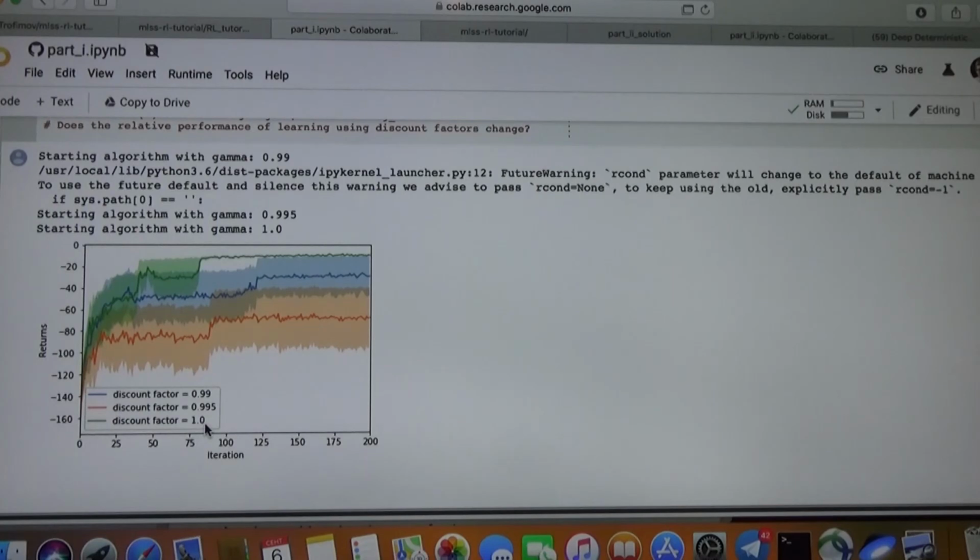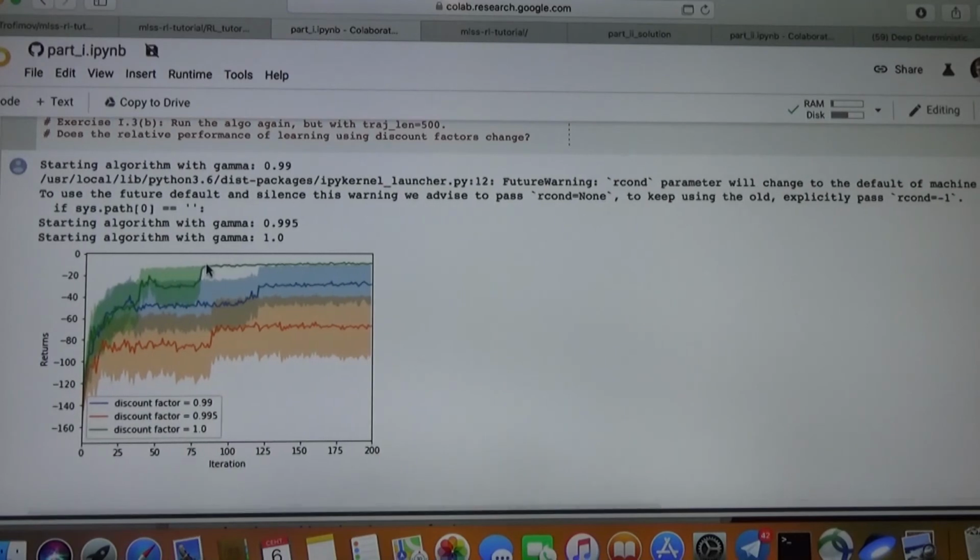We can conclude here that the best variant is no discounting, with discount factor 1. It is not usual, because typically using a discount factor less than 1 helps to reduce the variance of our gradient, but in this case it is not the case.